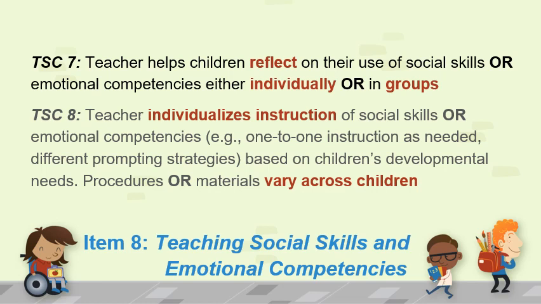The last couple of indicators for item 8, teaching social skills and emotional competencies, are TSC7. Teacher helps children reflect on their use of social skills or emotional competencies, either individually or in groups.